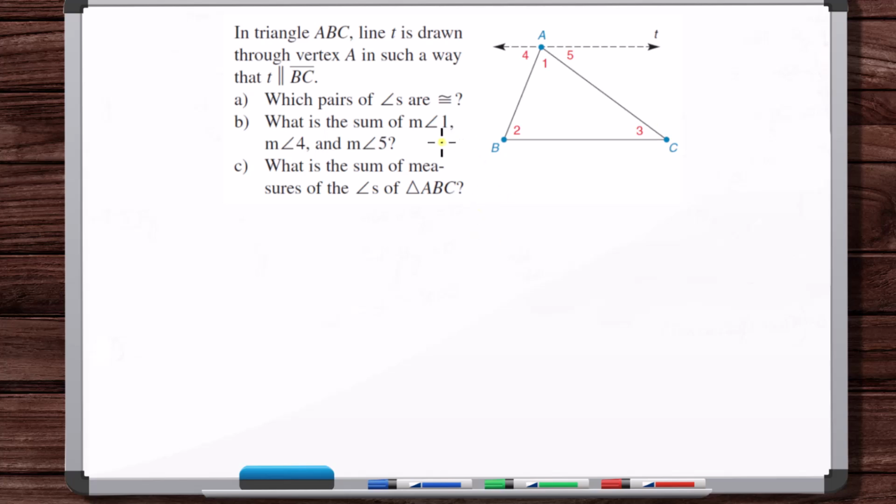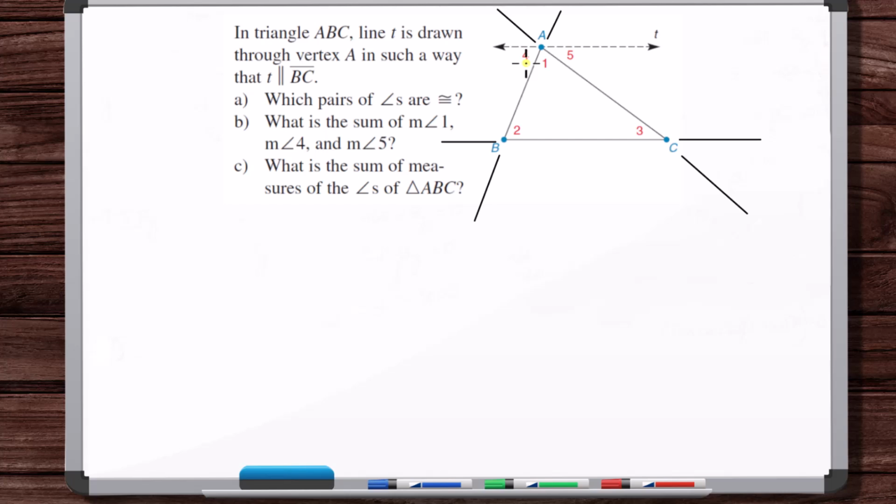It can be easier to extend these lines so we can see the different angles. Okay, which pairs of angles are congruent?